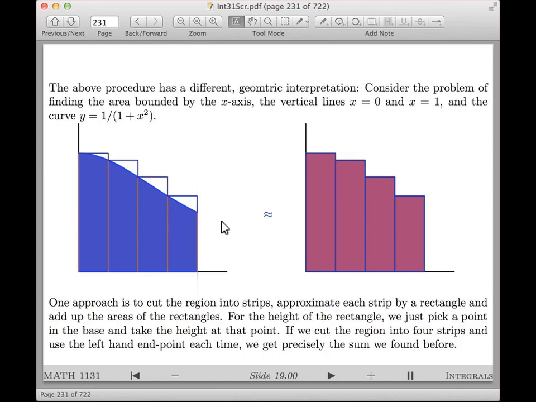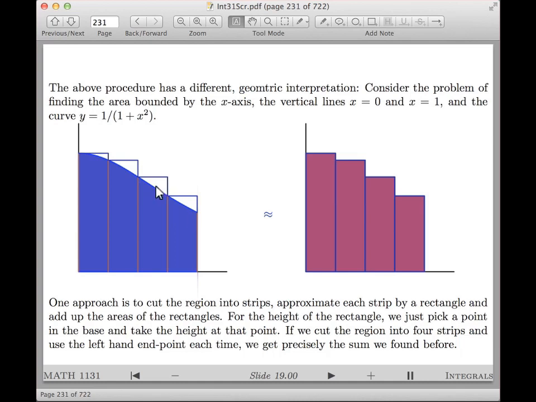The x-axis is one side, with two vertical sides. The fourth side is a curve, a graph of a function. If I had a horizontal line for the fourth side, I would have an honest to goodness rectangle. The area would be length times width. If the fourth side doesn't differ very much from a horizontal line, that would still be a good approximation.